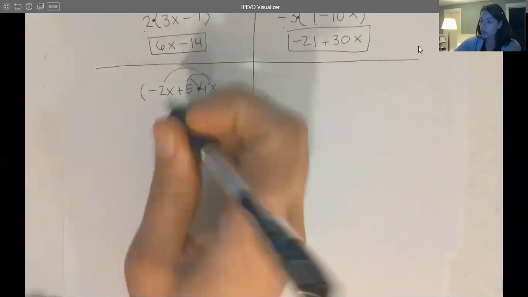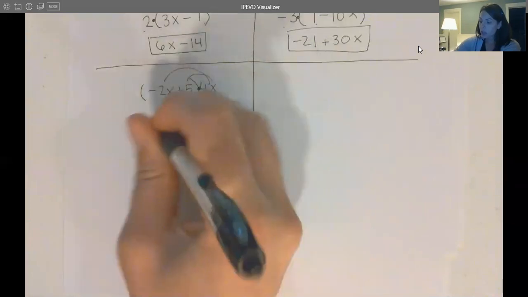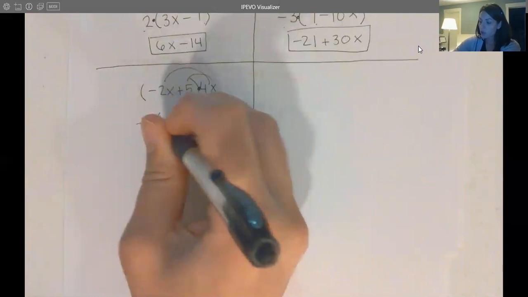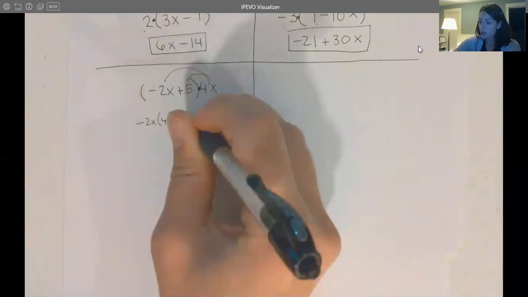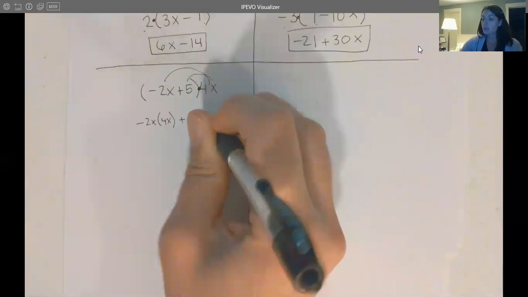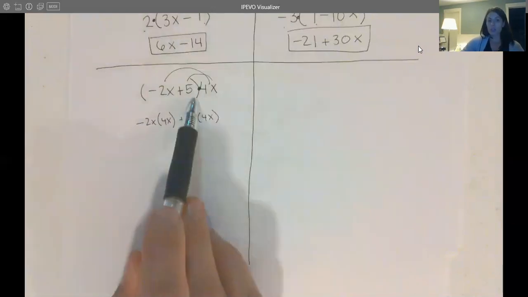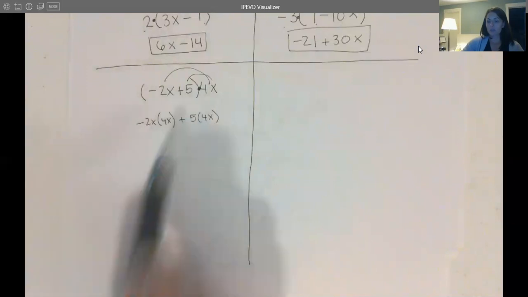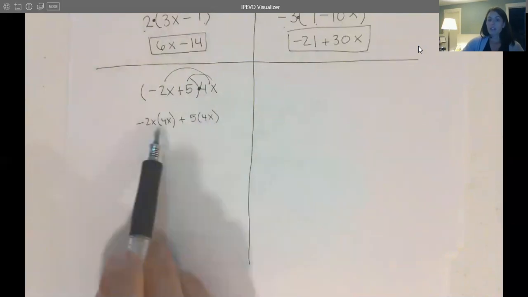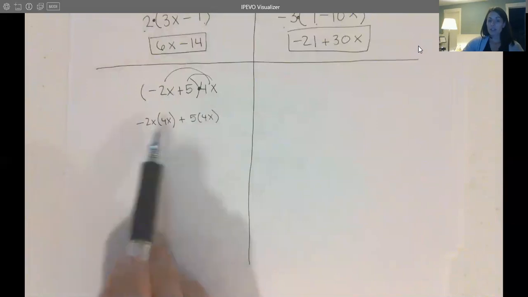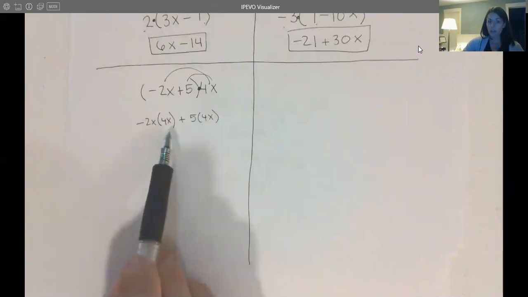So I'm going to write what happens here. This gives me negative 2x times 4x. So instead of just multiplying, I'm going to write what that looks like. Distributing 4x to each term means I'm going to multiply each term by 4x. When I have an x times an x, I have two x's there, or I have x squared.